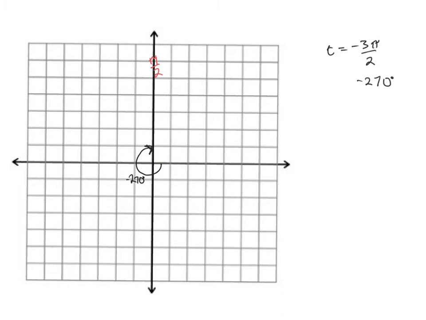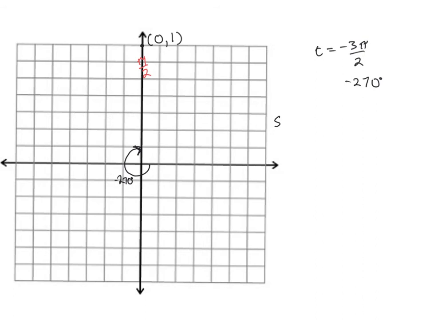So this is pi over 2, and remember our unit circle, our coordinates here are 0, 1. So then if we had to do sine of t, cosine of t, tangent of t. Sine of t is our y coordinate, so that would be 1.